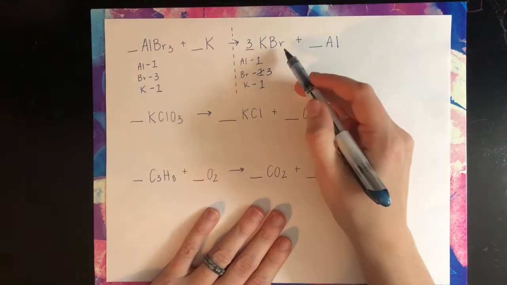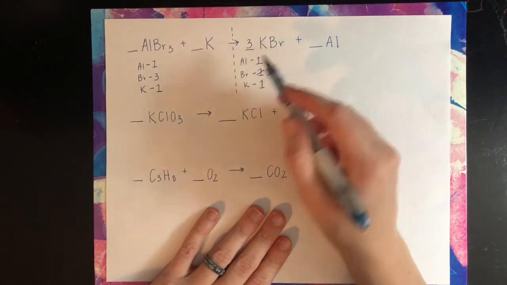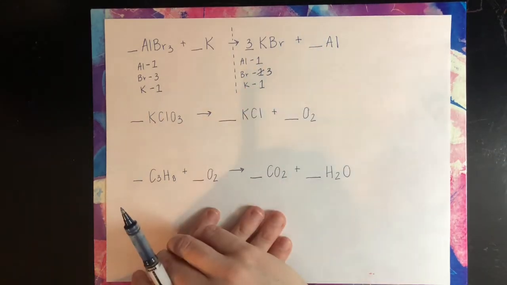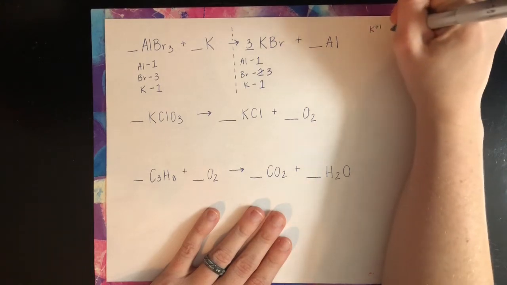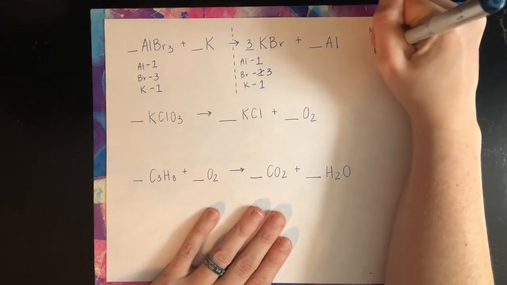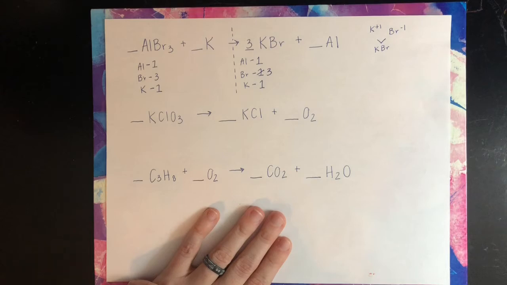Now, I can't just put a subscript of 3 there next to the bromine, because that would not be potassium bromide anymore. Remember that this is an ionic compound. It's based on charges, and so K+1, Br-1 together is just K1Br1. It can't be KBr3.